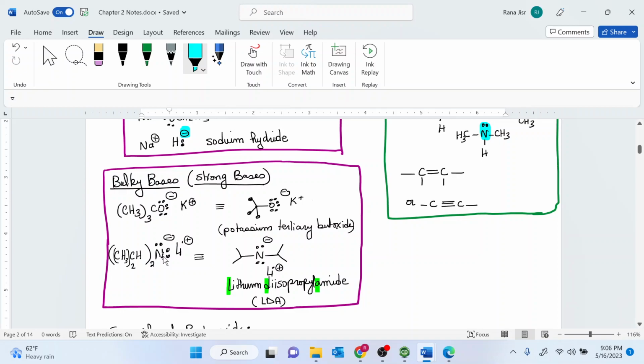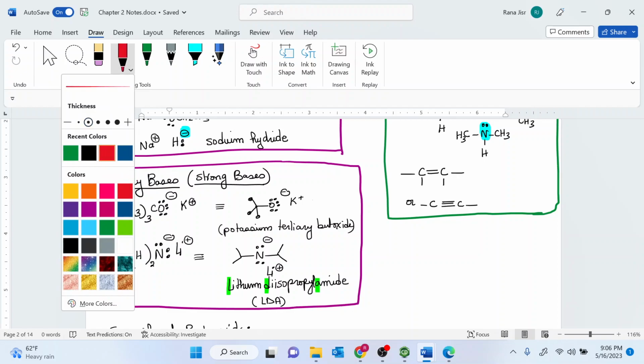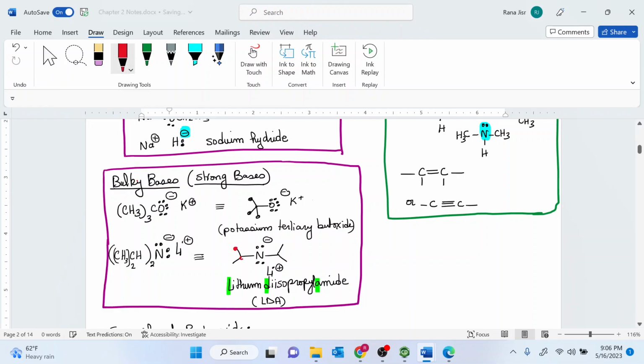Nitrogen, the same thing over here. It has two lone pairs and it has this bulky group over here. This is an isopropyl group. We will work with namings as we proceed. And iso is this form. You have a CH connected to two CH3s. So whenever you have a CH connected to two CH3s, this is called an iso group.